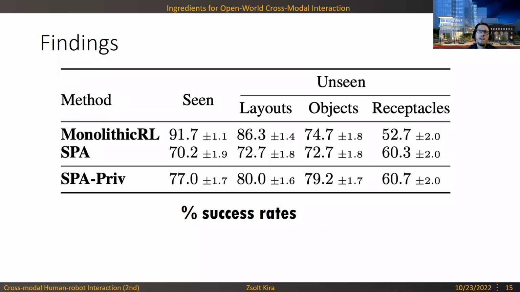Interestingly, what we showed is that reinforcement learning does really well in the scene environments, that is, under the conditions where it was trained. However, once you have new types of objects, new types of receptacles to put those objects in, the success rate went down much more significantly than for the traditional planning-based approaches.